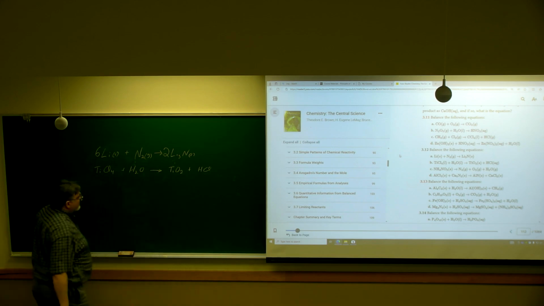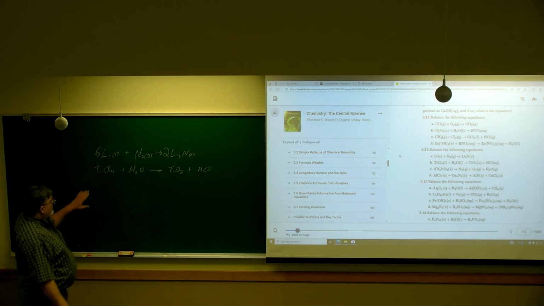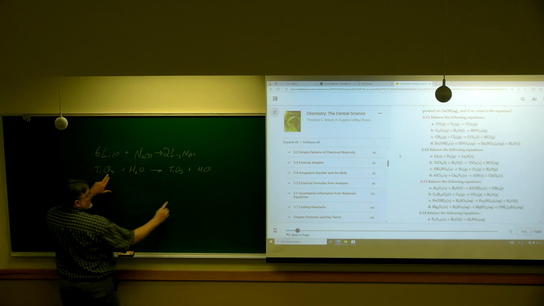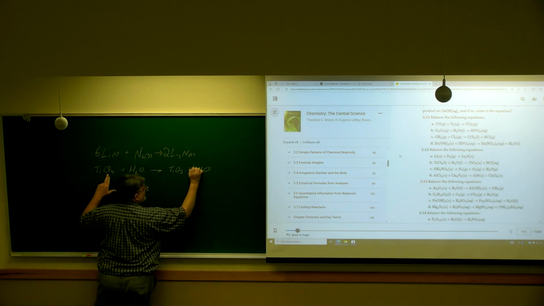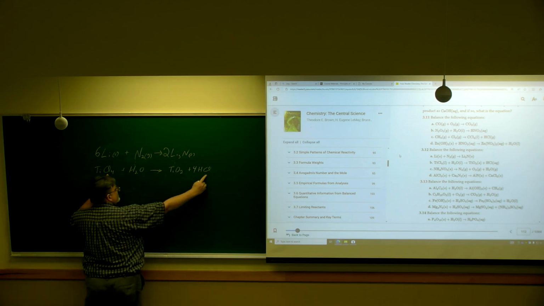I've just left those off of here. We don't need them for this. 1 titanium, 1 titanium, 4 Cls. I've only got 1 Cl here, so I'm going to start by trying this. So now I've got the Cls right.